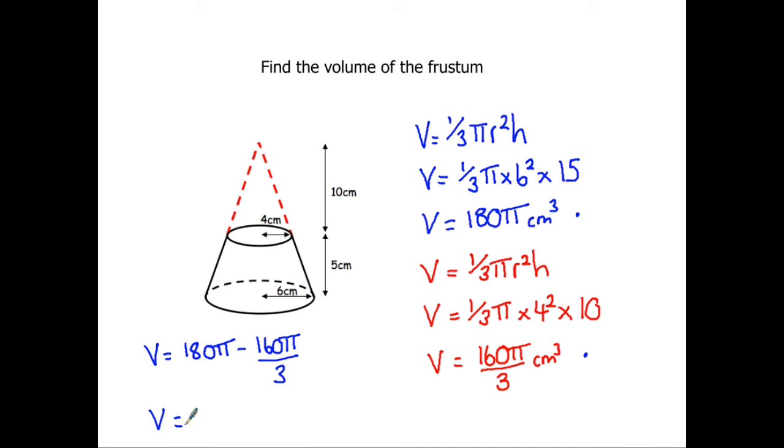So 180 pi minus 160 pi divided by 3. And that gives us our answer of 397.9 to 1 decimal place. And that's centimetres cubed.